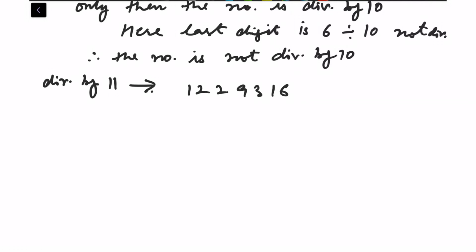Students, here we have to see the digits which are on even places and the digits which are on odd places separately. First we will take the digits as this and this. The digits at odd places are 1 plus 2 plus 3 plus 6.